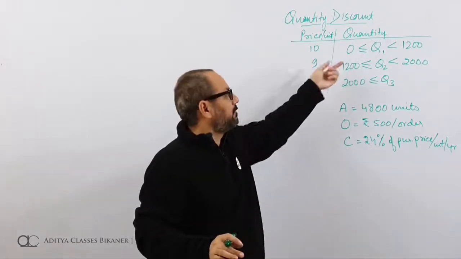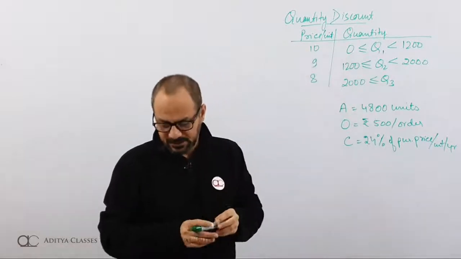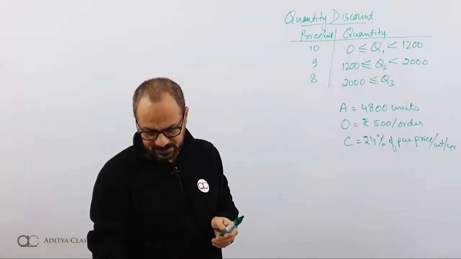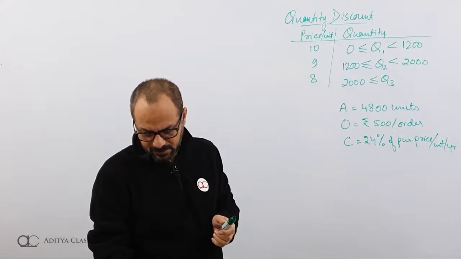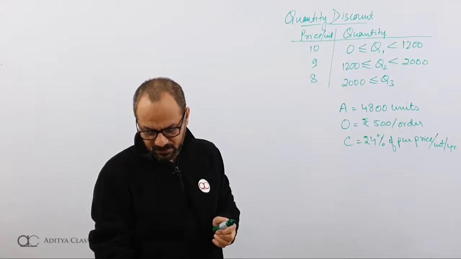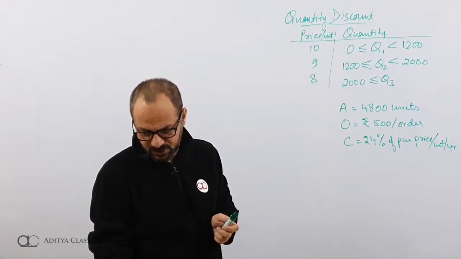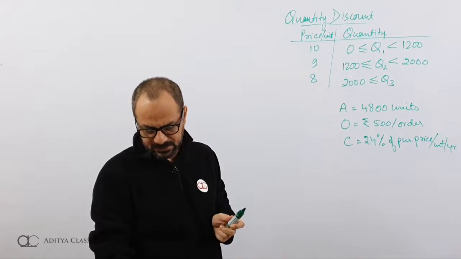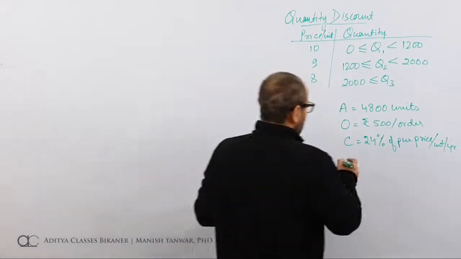We can see what quantity you will be ordering; accordingly, you will be facing a cost, price, expense. And then we need to find the optimal order size. The two questions are: first, find the optimal order size.